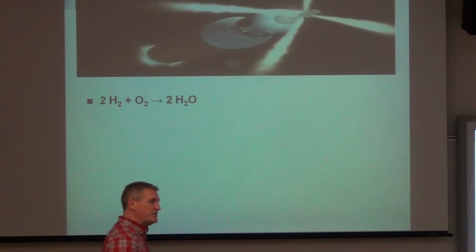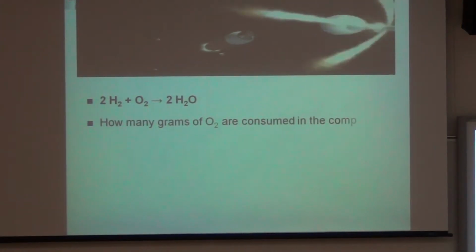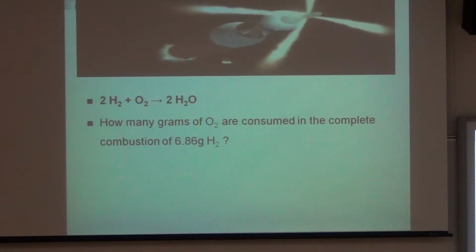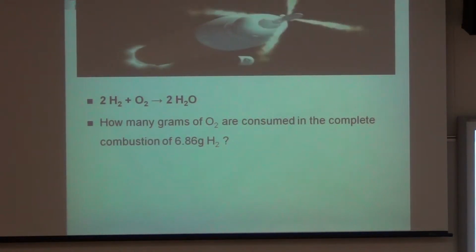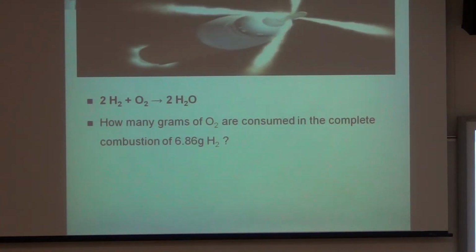All right, so let's go back to hydrogen and oxygen, like in the rocket lab. We want to know how many grams of oxygen are going to be used up if we completely combust 6.86 grams of hydrogen.